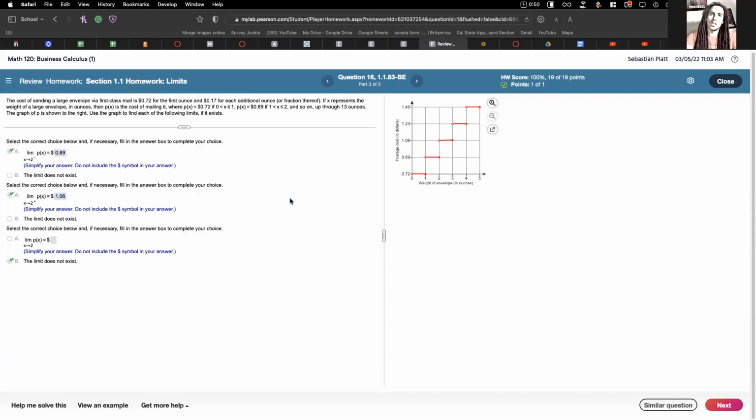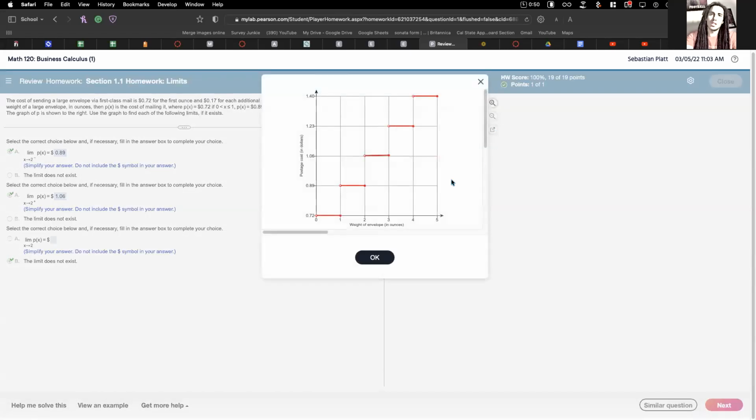So for this problem, we are looking at x approaching 2 from the left. If we look at 2 from the left, so here's the 2, and if we approach it from the left, right here, you will see that the answer is going to be 0.89.